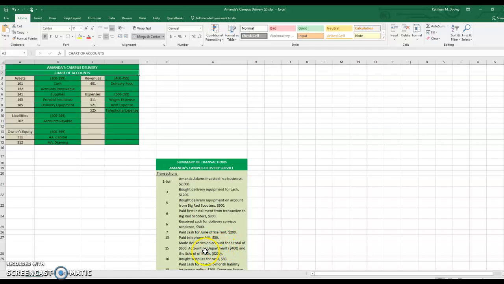That means the accounting department and the School of Music is going to pay us in the future. They're going to pay us the $600. But right now, today, we went running around making the deliveries, but we did not receive any cash today. So what we received is the fact that these customers legally owe us.